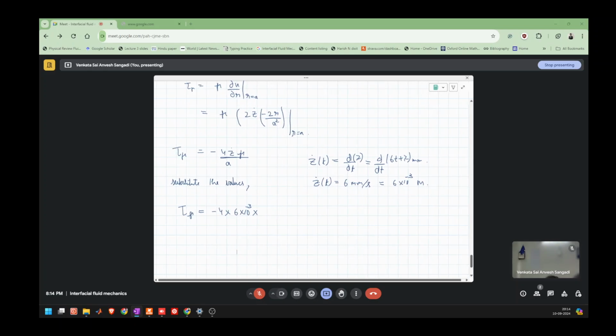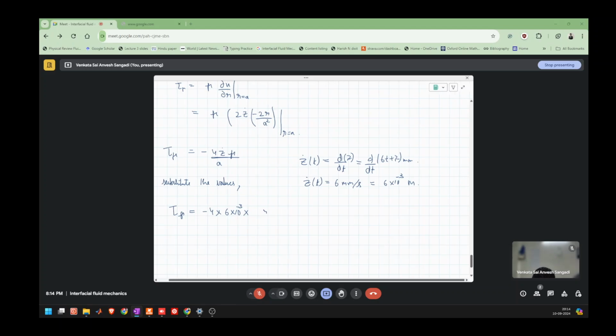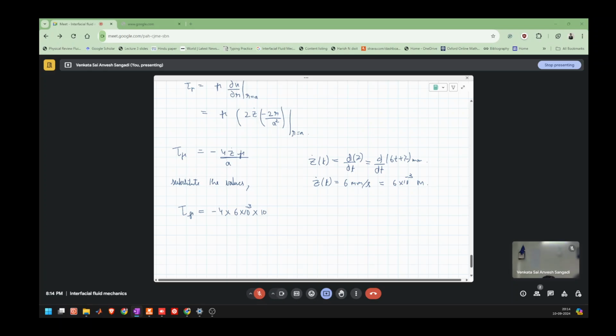which is equal to 10 into 10 power minus 3 Pascal second, divided by A, which is 2 millimeter, equal to 2 into 10 power minus 3.